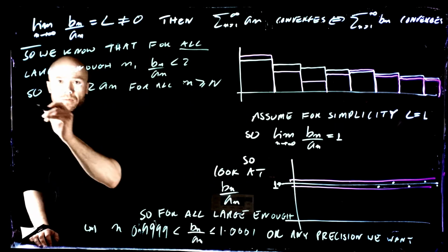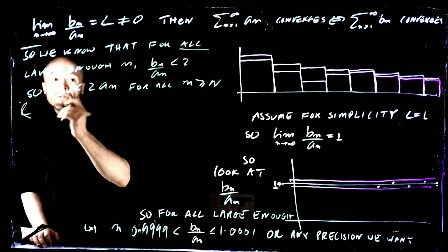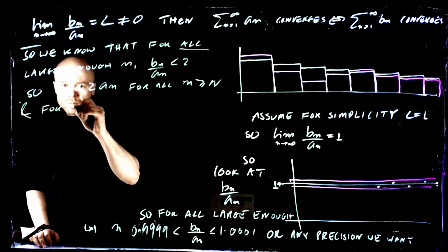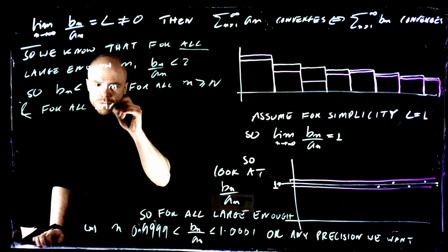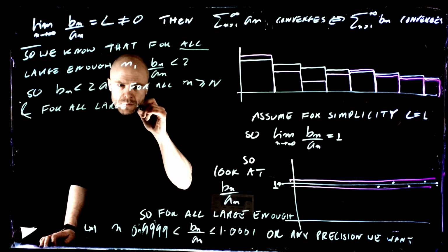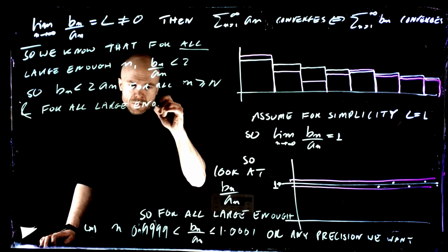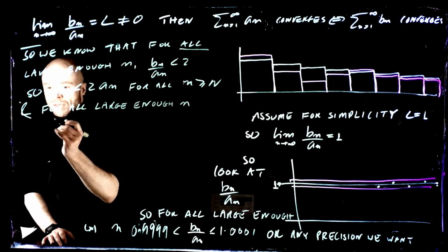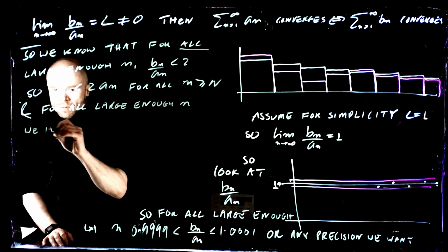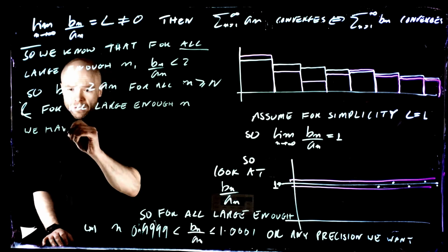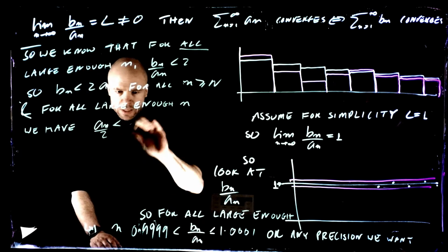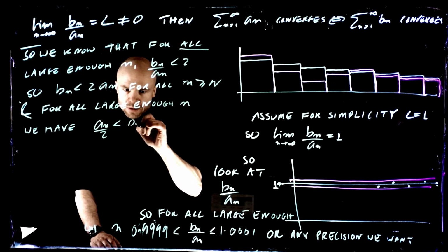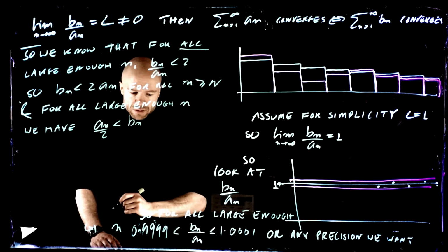Cool. And for all large enough n, we also have, just as a consequence of this, an over 2 is less than bn.